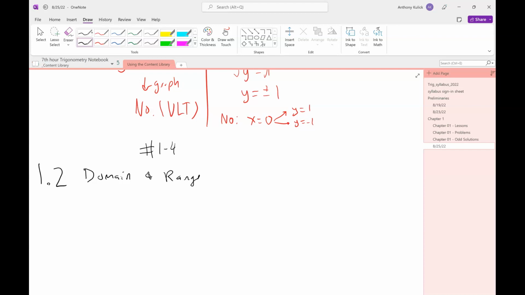Section 1.2 is about domains and ranges. Do we recognize these 2 words from Algebra 2? It's my hope. Before we start talking about domains and ranges, though, I need to talk about something called interval notation.